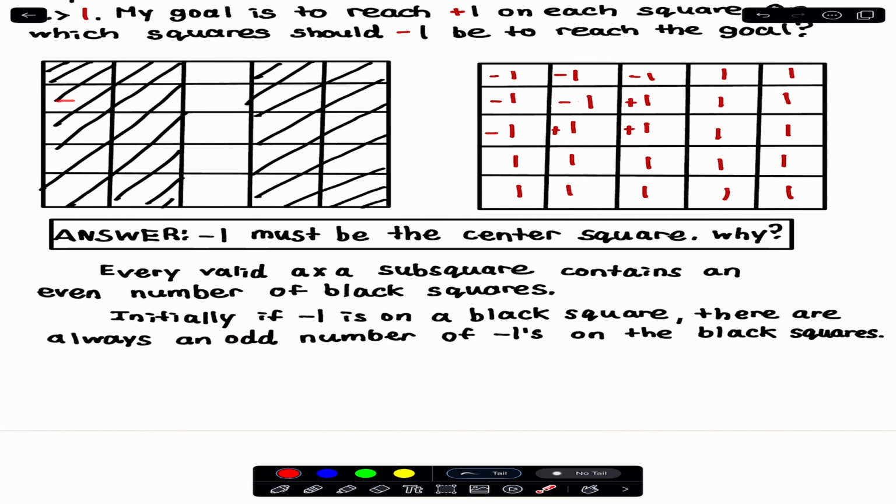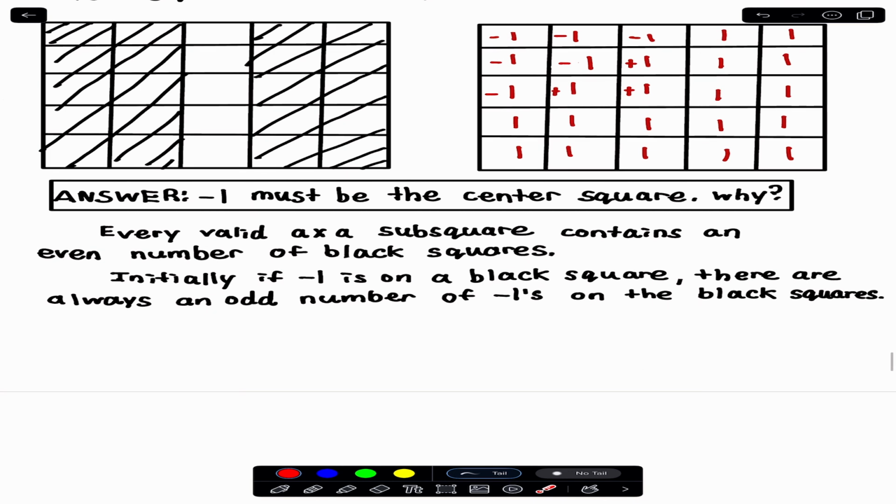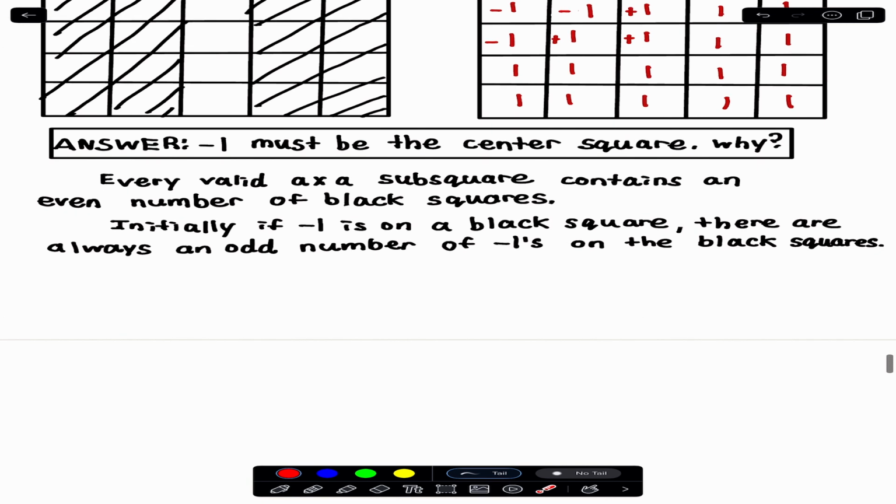So if you chose like a -1 here, after however many moves, you can do 10 moves, 15 moves, 200 moves, doesn't matter, but there will always be an odd number of -1s on the black squares.